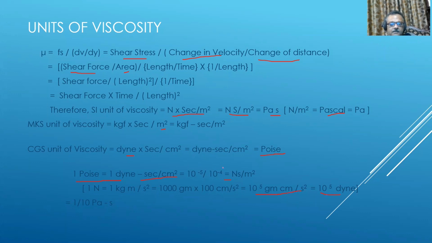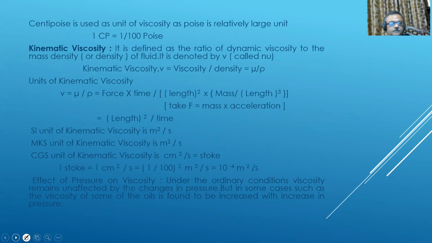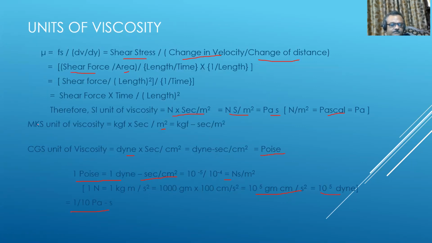By calculation, it comes up to 1 over 10 Pascal second. Centipoise is used as a unit of viscosity, as poise is a relatively large unit. So 1 centipoise comes out to be this. Okay, so these are the units of viscosity.